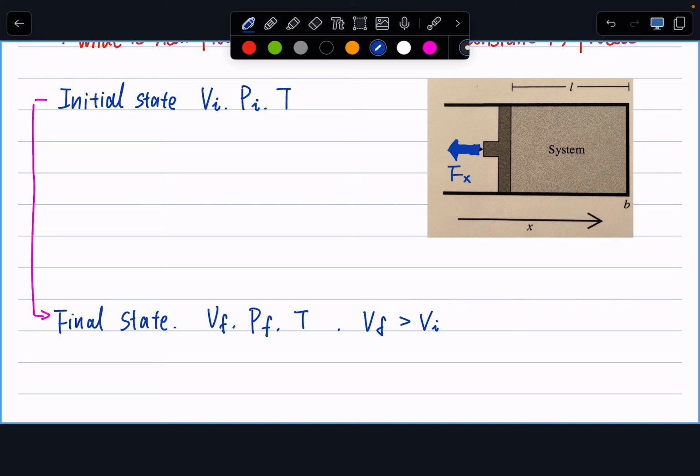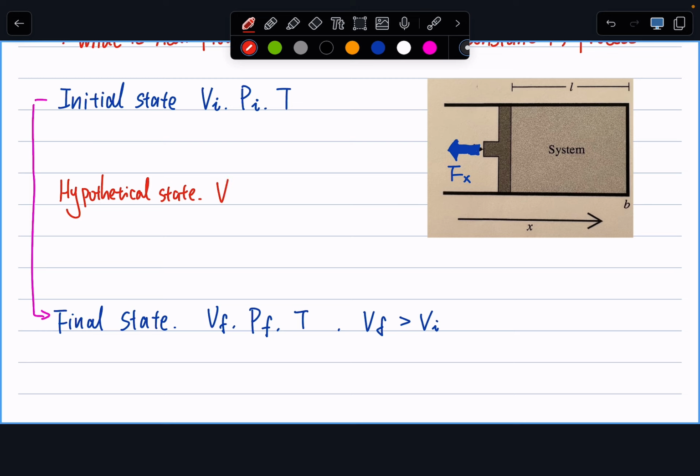Now, in order to calculate work and heat, we want to define the path. So in this case, the way we define the path is let's insert a hypothetical state. And what we say in this hypothetical state is an adiabatic expansion of the gas.